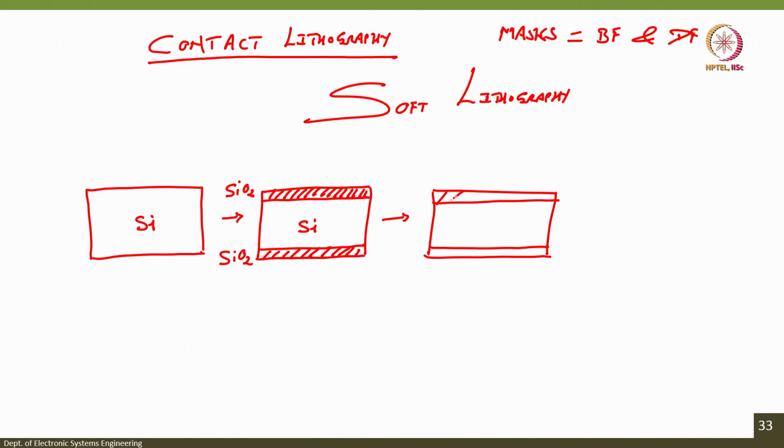So, we have to spin coat the photoresist. Let us spin coat photoresist, as you can see on this image, and let us say photoresist looks like this.